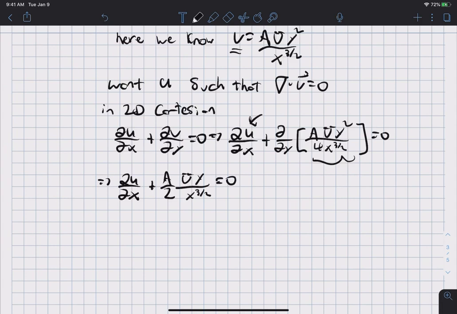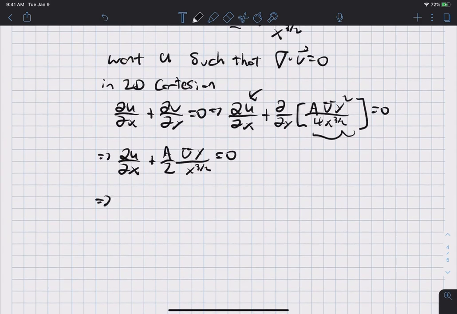Okay, so now we rearrange this equation here, and we have partial u partial x equals minus a over 2 u y over x to the 3/2 power. Okay, and so similar to the streamlines above, we now have what looks like a separable ODE, but there's a very subtle wrinkle here, and that is that these are partial derivatives.